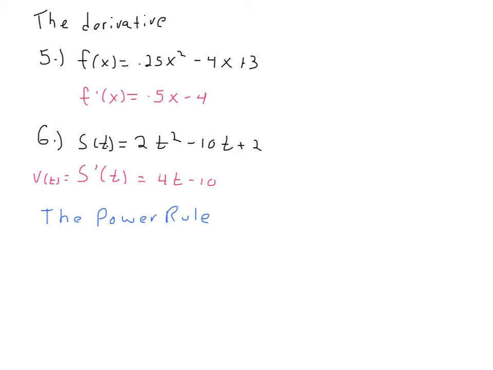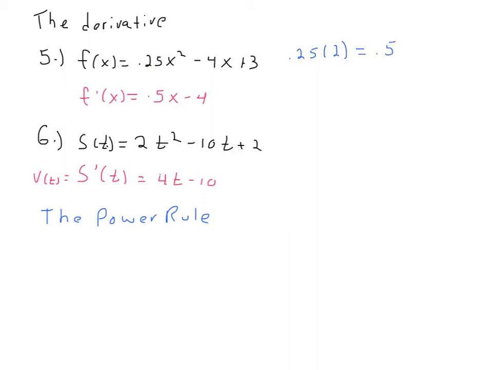And the new coefficient, 0.5, was the result of taking this exponent and multiplying it by this existing coefficient. So let me write that down. We took 0.25 and multiplied it by 2, and we got 0.5.